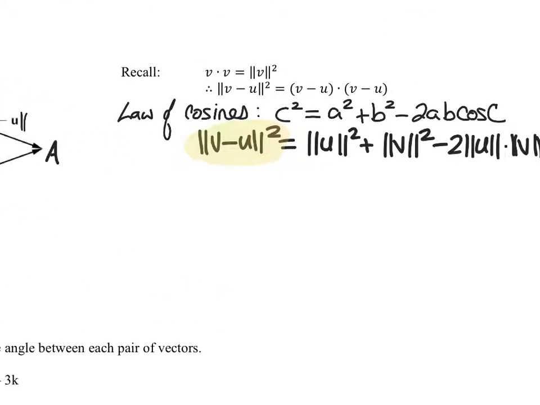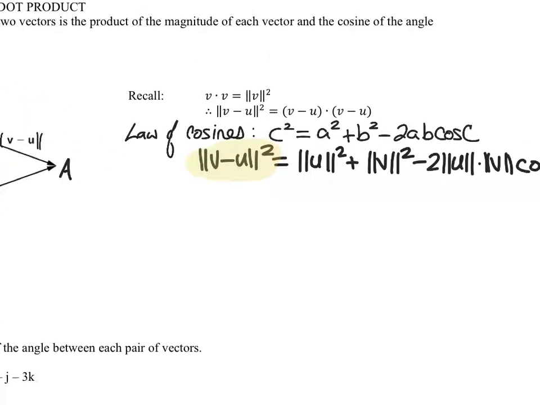I'm going to work the left-hand side for a sec. So V minus U dotted against V minus U. So distribute it out.